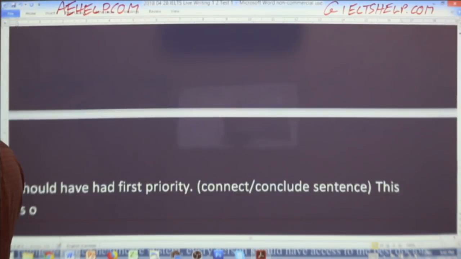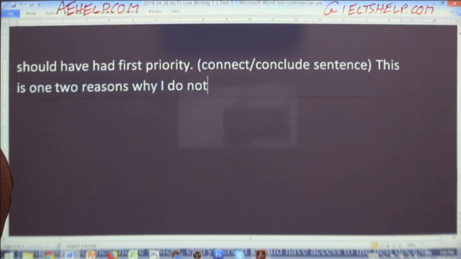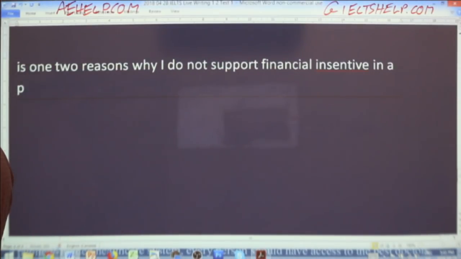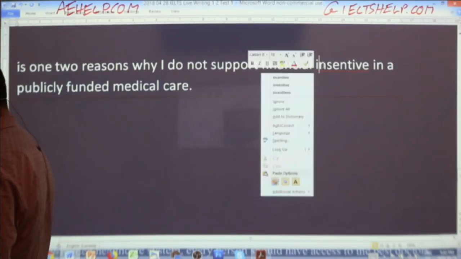This is one of two reasons, and I've shown you this before. It's easy to do. So this is one of two reasons why I do not support financial incentive in a publicly funded medical care.